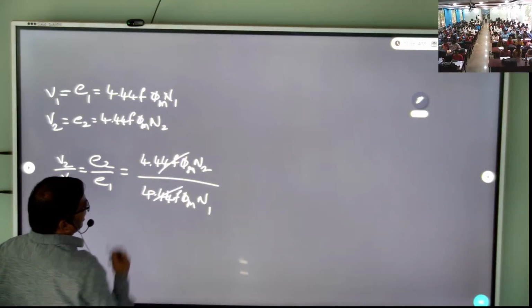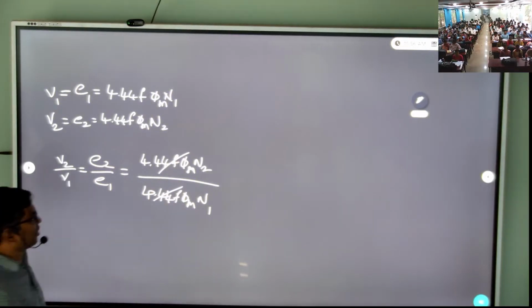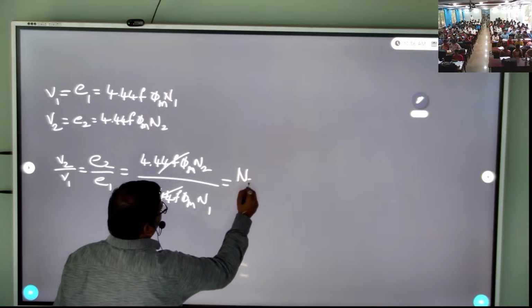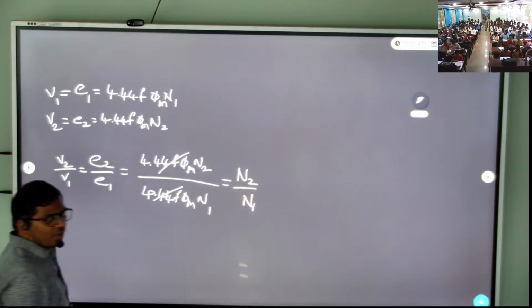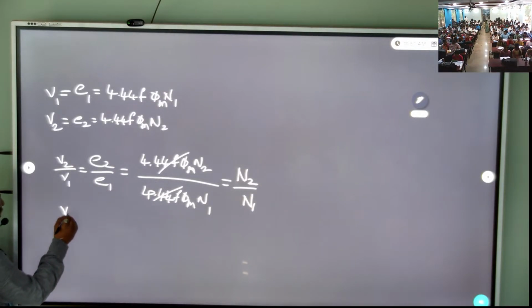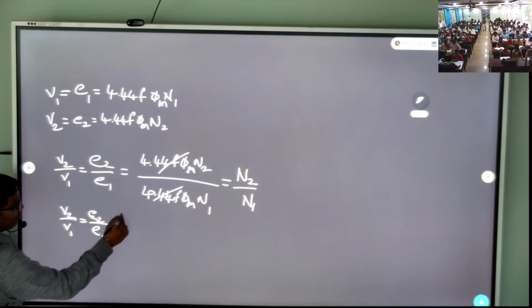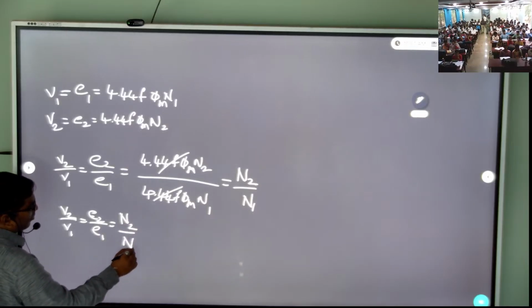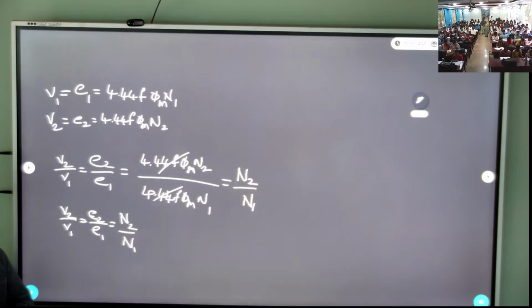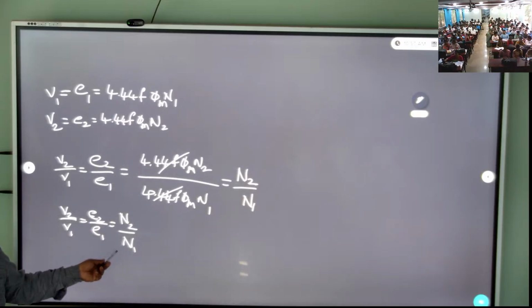So this gets cancelled. What value will we get? Which is nothing but N2 by N1. That means V2 by V1 is equal to E2 by E1, that is equal to N2 by N1. E1 is the primary induced EMF, E2 is the secondary induced EMF, N1 is the primary number of turns, N2 is the secondary number of turns.